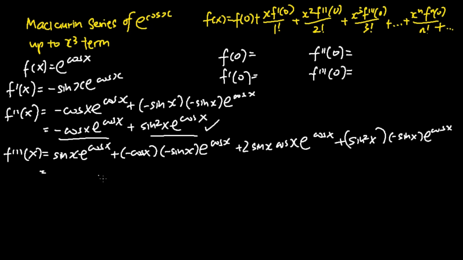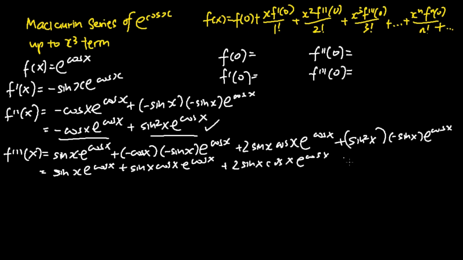We then simplify the whole equation and we get the following, which is sine x e to the power of cosine x. For the second term is just sine x cosine x e to the power of cosine x plus 2 sine x cosine x e to the power of cosine x, and last but not least we have the negative of sine cube x e to the power of cosine x.